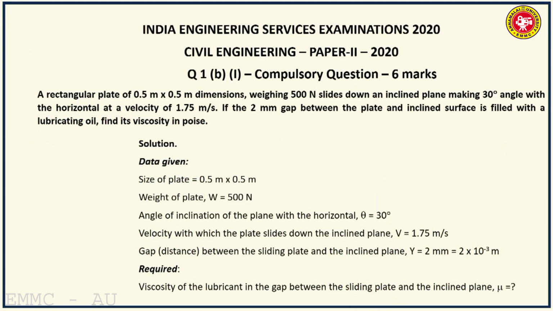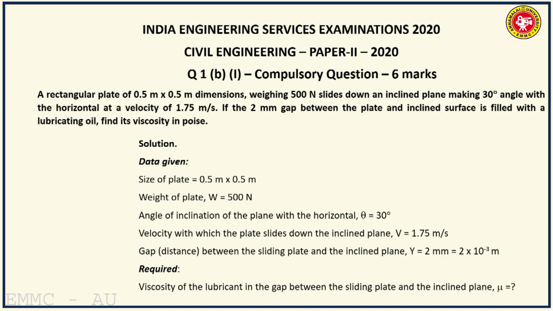Okay. Now, this is Indian Engineering Services Examination Main 2020 Civil Engineering Paper 2, and you have a compulsory part, that is question 1 subdivision B. It is a compulsory question for 6 marks. This is a numerical problem on viscosity.